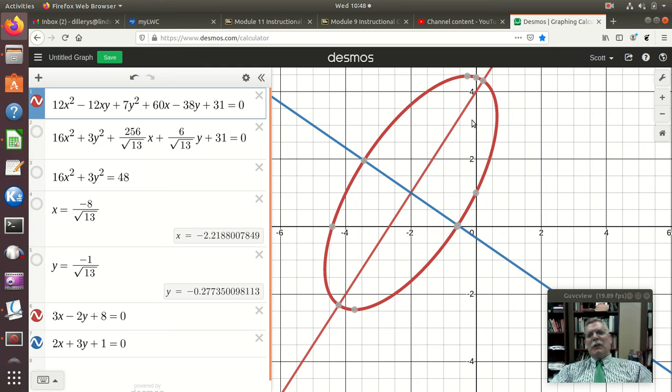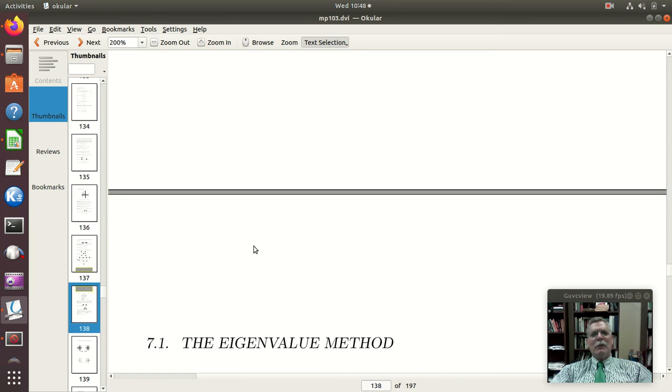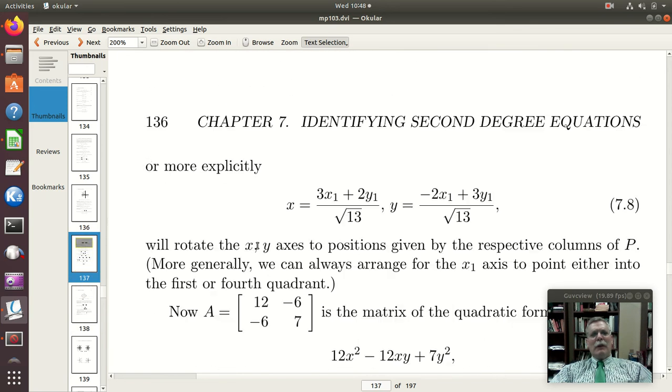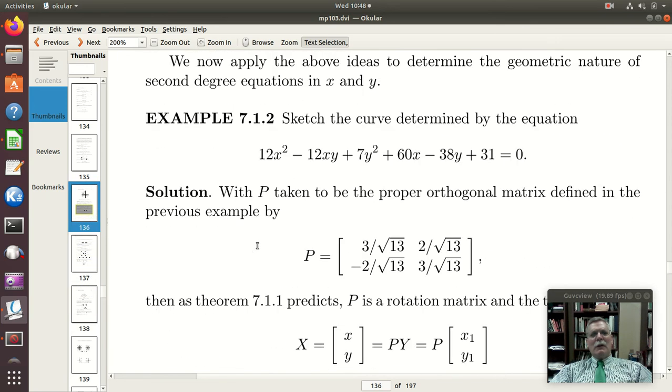It would be nice to know its major and minor axes, what they look like, and there are these lines. And so it's just an algorithmic process to kind of undo the transformation that happened to the original ellipse. Okay, so that was, what the heck example was that? That was example 7.1.2.